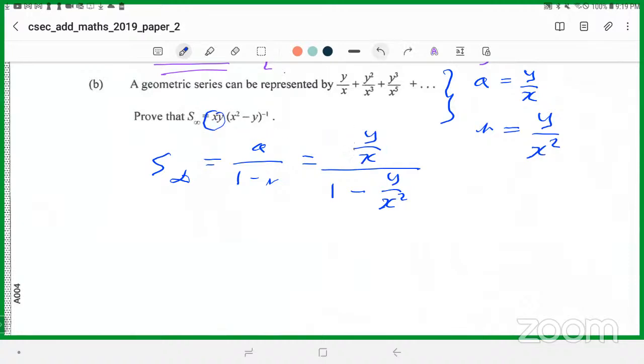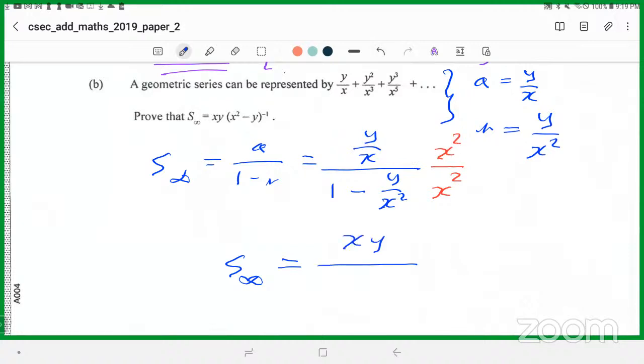So a quick way of getting rid of this fraction under here, as always, is to multiply the denominator by X and also multiply the numerator by X squared. All right, and it's going to work itself out like magic. So S infinity comes when I multiply this by this, it cancels with the X there, and I end up with X times Y, which is XY. And so I'm halfway there.